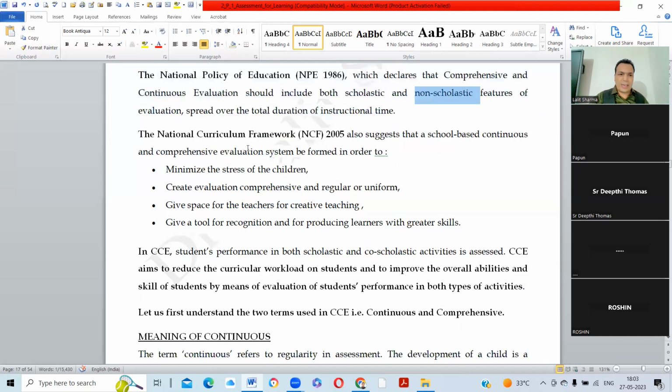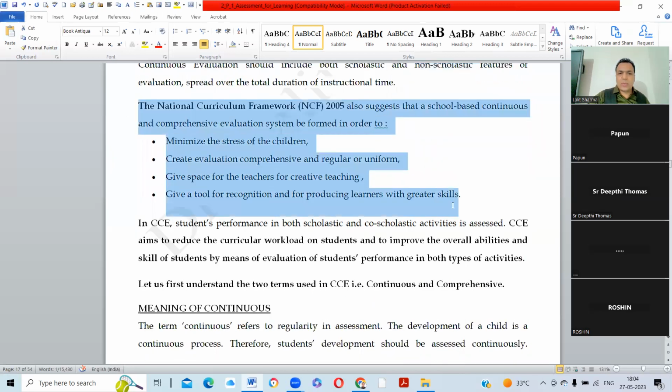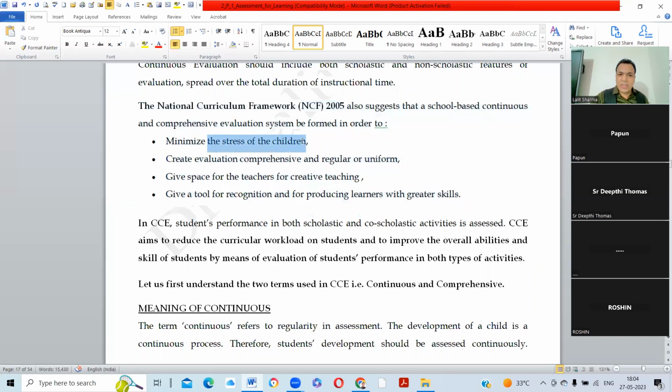Okay, what the students are getting. Okay, what does our NCF 2005 say? It talks about a school-based continuous and comprehensive evaluation system to be formed in order to minimize the stress of the children, creating evaluation that is comprehensive and regular, giving space for the teacher for creative work, giving a tool of recognition and producing learners with greater skill. Right? So you can learn all these things.